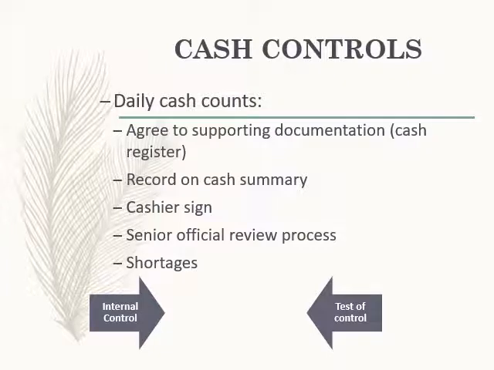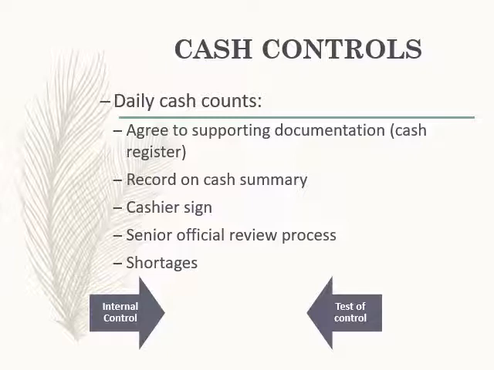Okay, so for daily cash counts, we've already said that needs to be agreed to supporting documentation as per the cash register. That is then recorded on a specific cash summary. The cashier responsible for their float signs that summary, and that is reviewed by a cashier supervisor or some sort of supervisor.